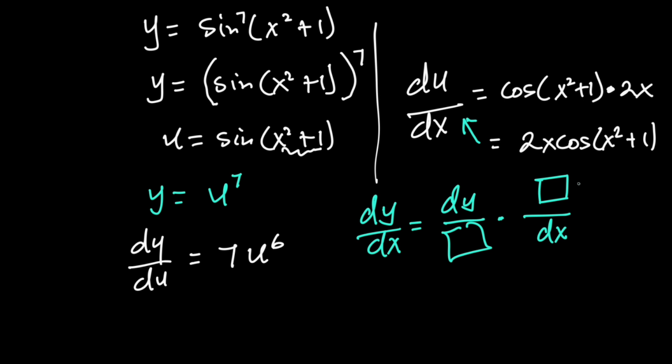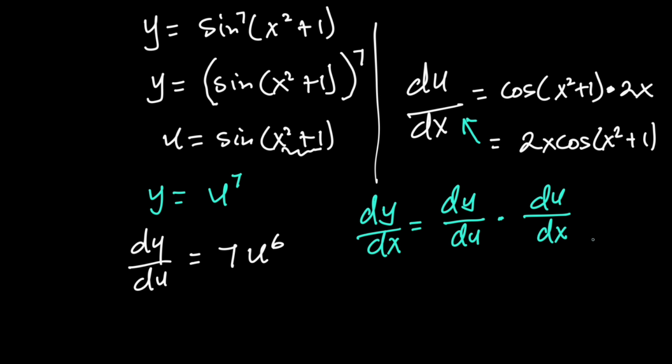Now what are we going to put right here? We have u in the function, we have du/dx, and we have dy/du. So it is advisable to put du right here, so that in case they cancel out, we still get our dy/dx back.